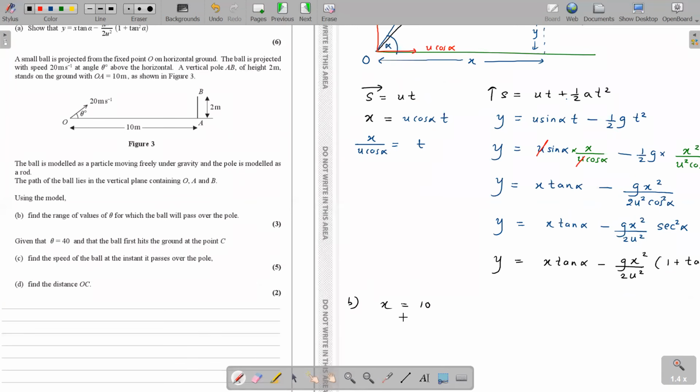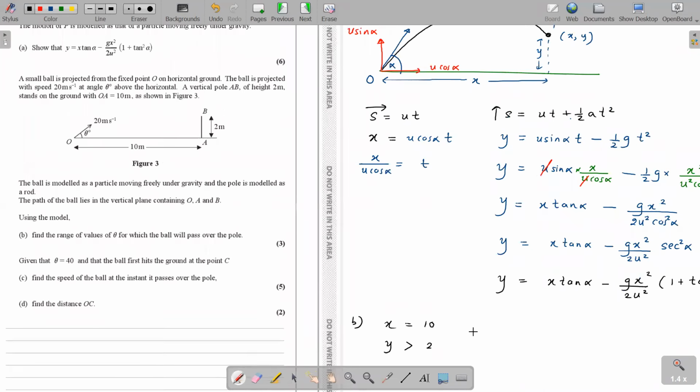When x is 10, my y value needs to be bigger than 2. Do you agree with me? And the u value is given as 20 meters per second. The alpha value has become theta. Previously the question was alpha, now it's theta and you are supposed to find the range of values of theta. Is that okay? Let's input the equation.